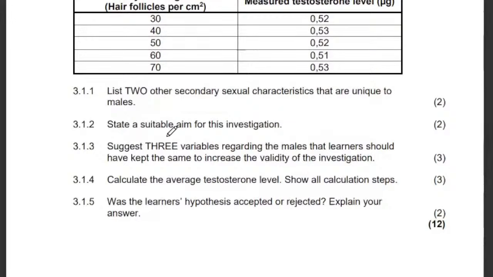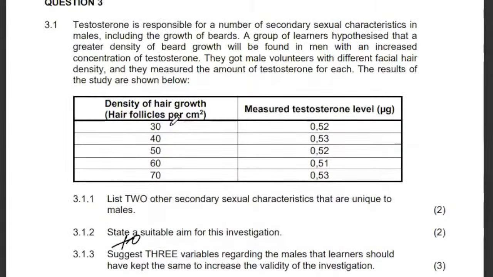State the main aim of this investigation. Whenever you talk about the investigation, guys, you're supposed to start with the word 'to'. Whenever you talk about the aim, you must start with the word 'to': to find out how this testosterone has an influence on the hair growth follicle.